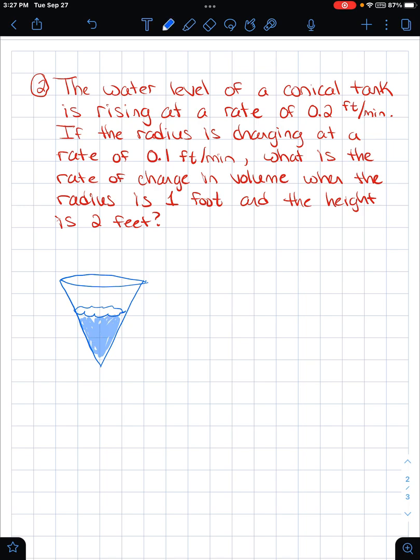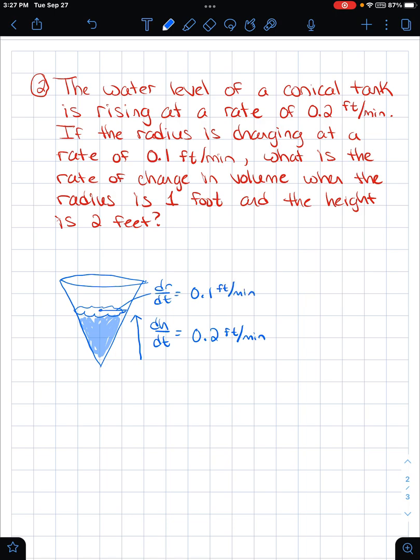So dh/dt is 0.2 feet per minute. The radius is increasing. So dr/dt is 0.1 feet per minute.